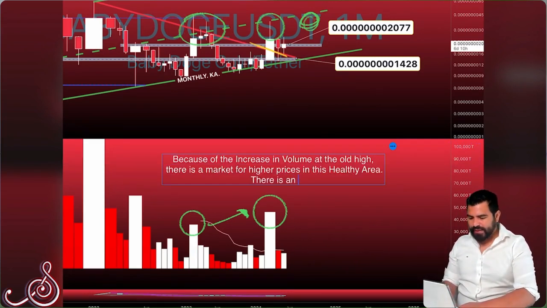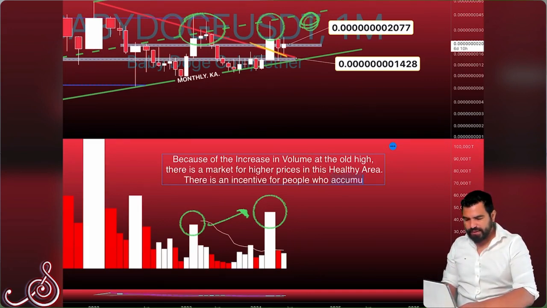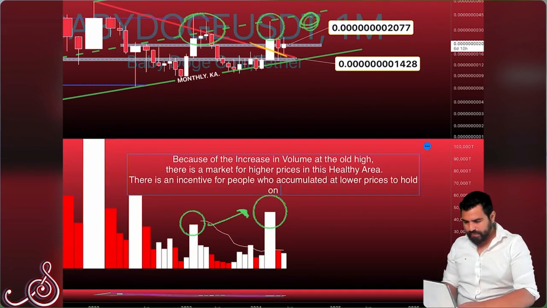There is an incentive for people who accumulated at lower prices to hold on, because people are willing to pay higher prices.